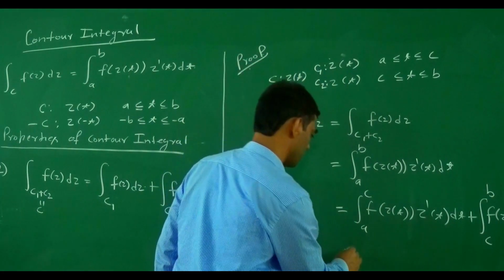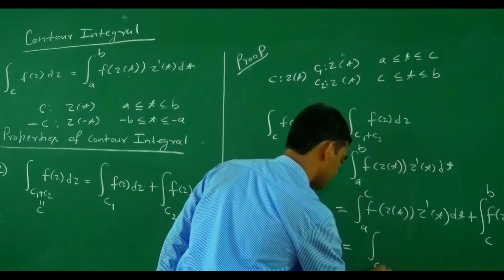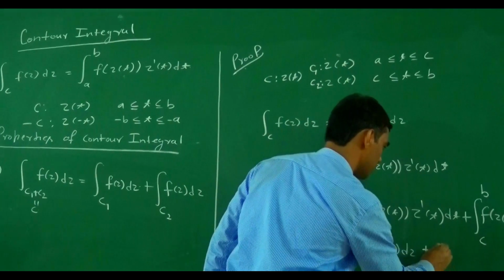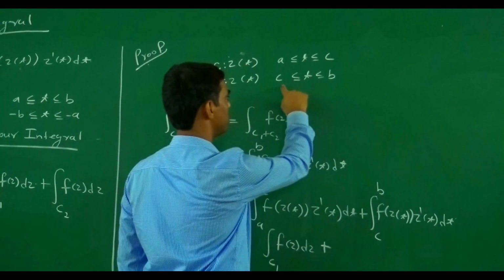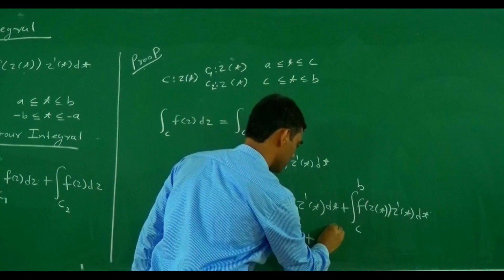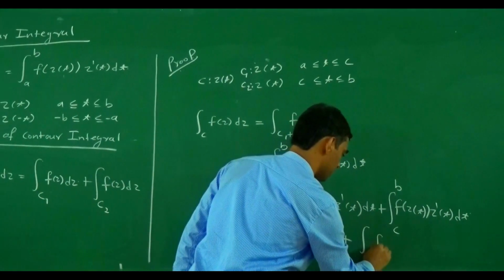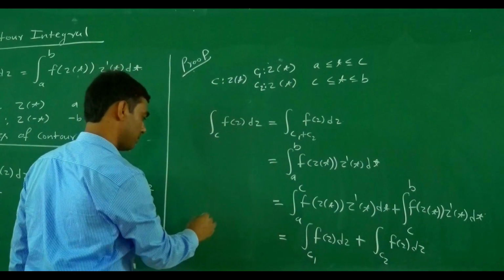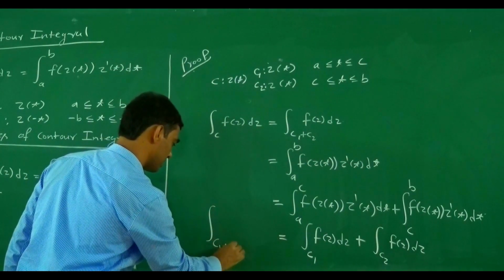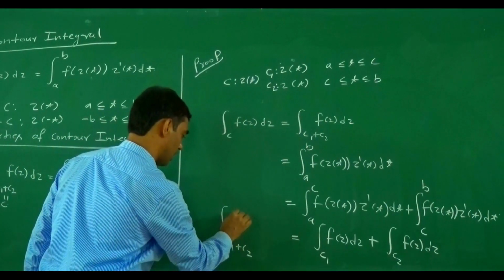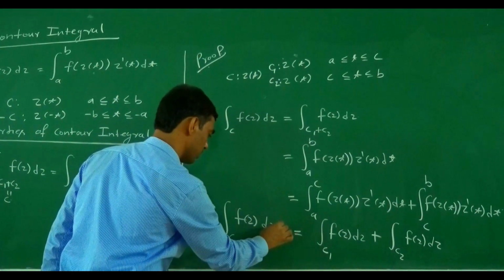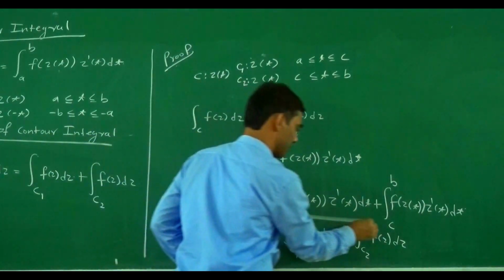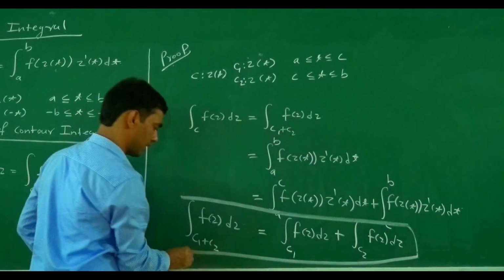This becomes the integral over c1 of f(z) dz plus, from c to b, the integral corresponding to c2 of f(z) dz. So this is the proof that the integral over c1 plus c2 of f(z) dz equals this. This is the second property.